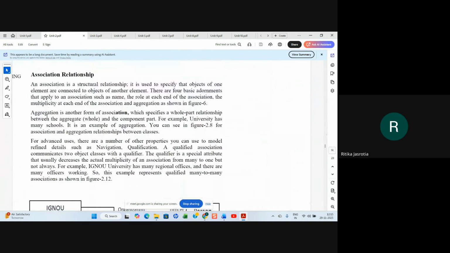Aggregation is another form of association, specifying a whole-part relationship, right?